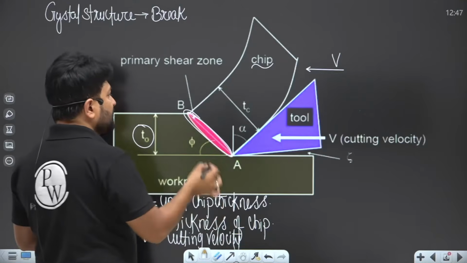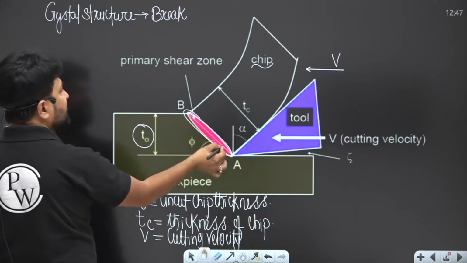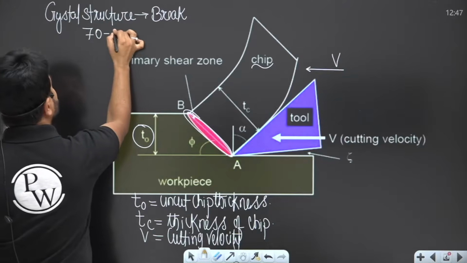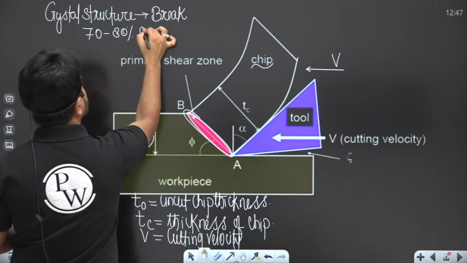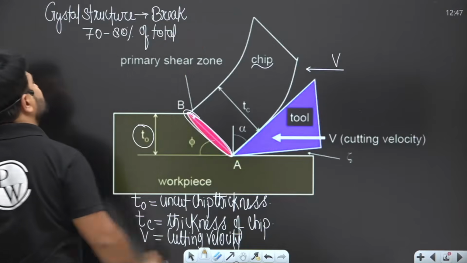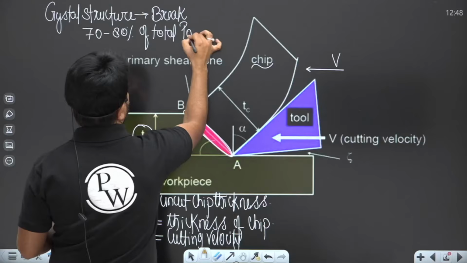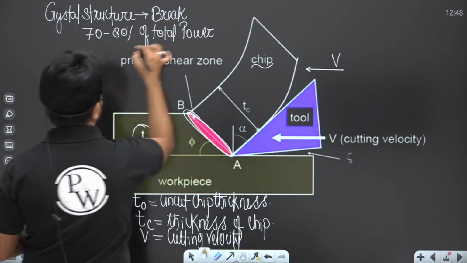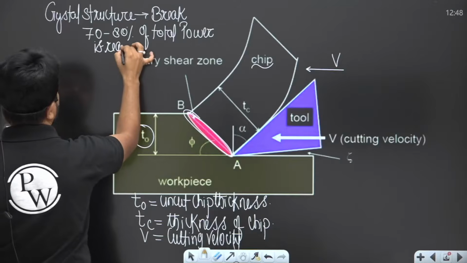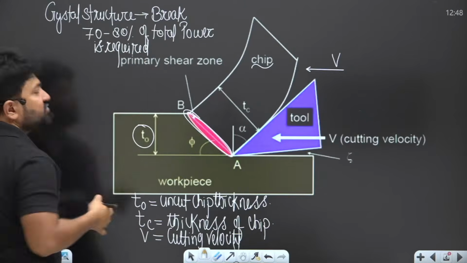In that zone, 70 to 80% of the total power is required to break the crystal structure.